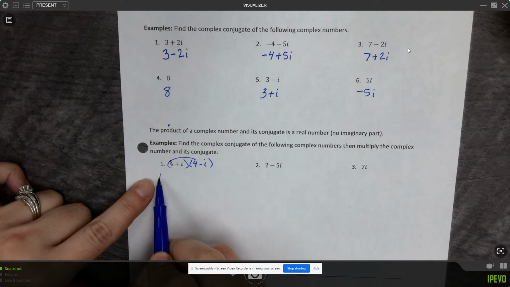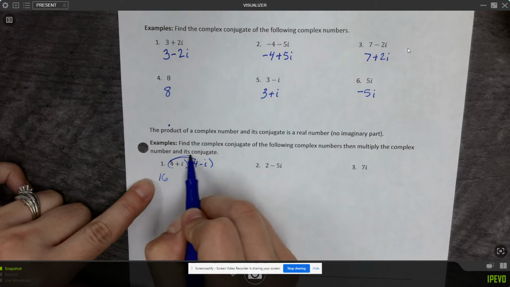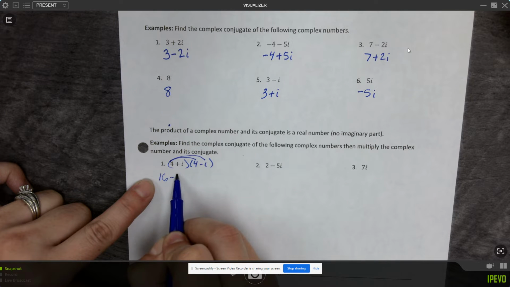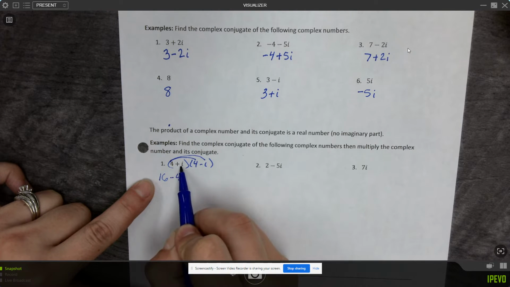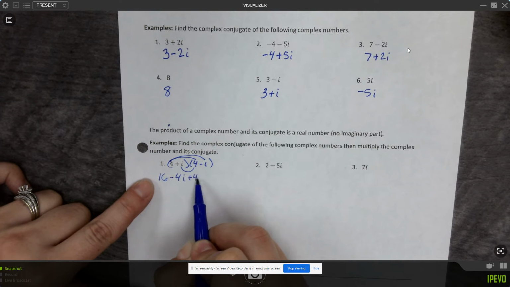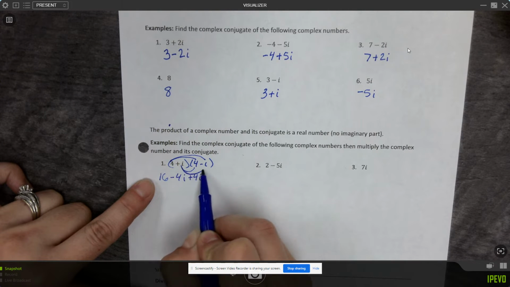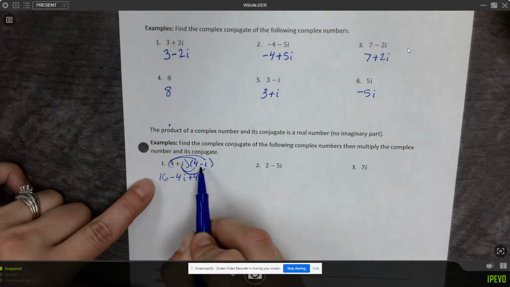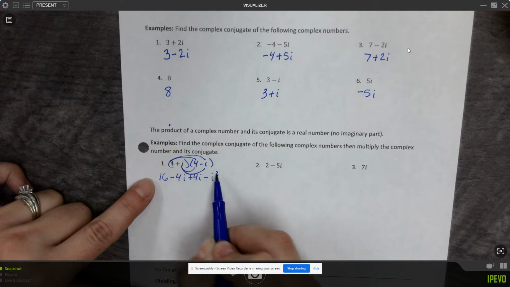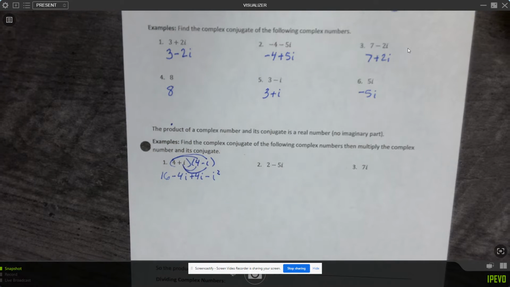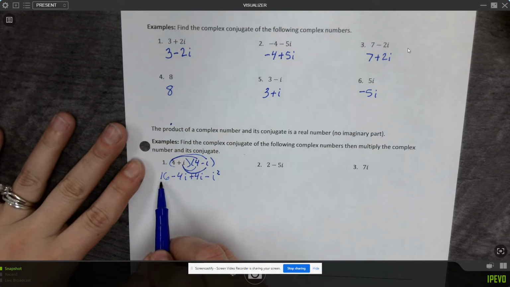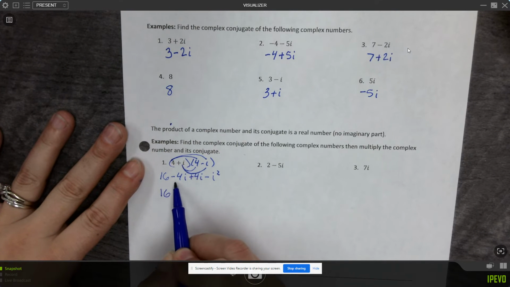4 times 4 is 16. 4 times negative i is negative 4i. i times 4 is plus 4i. And i times negative i is negative i squared. Okay? 16 is 16.